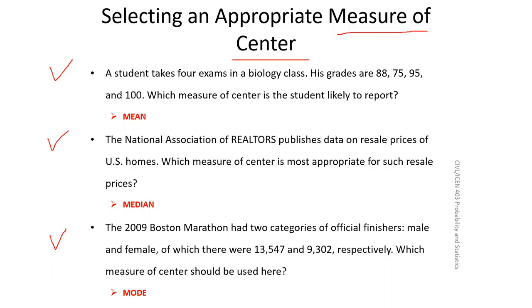So the first example is a student who takes 4 exams in biology class. His grades are 88, 75, 95, and 100. Which measure of center is the student likely to report? Of course, when you calculate your GPAs, you calculate the mean.